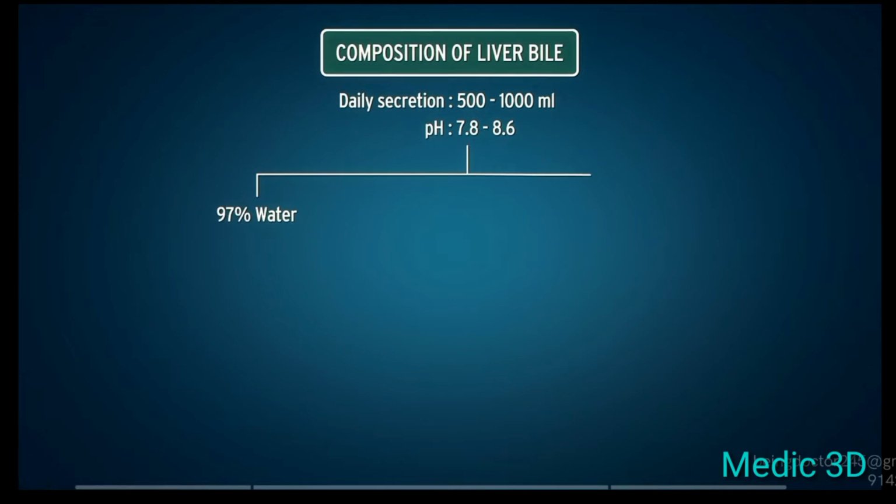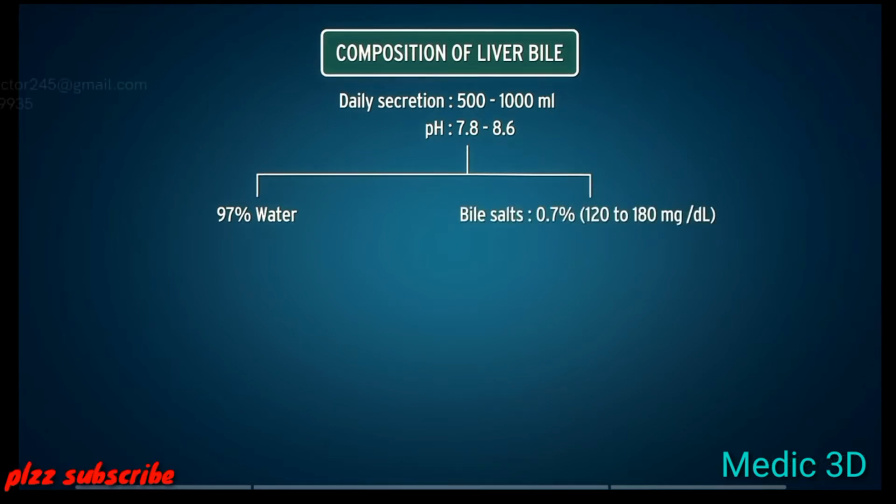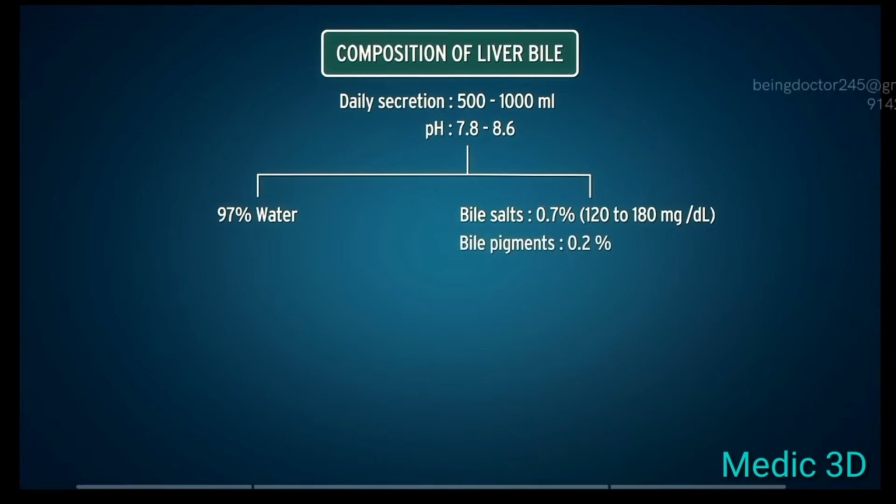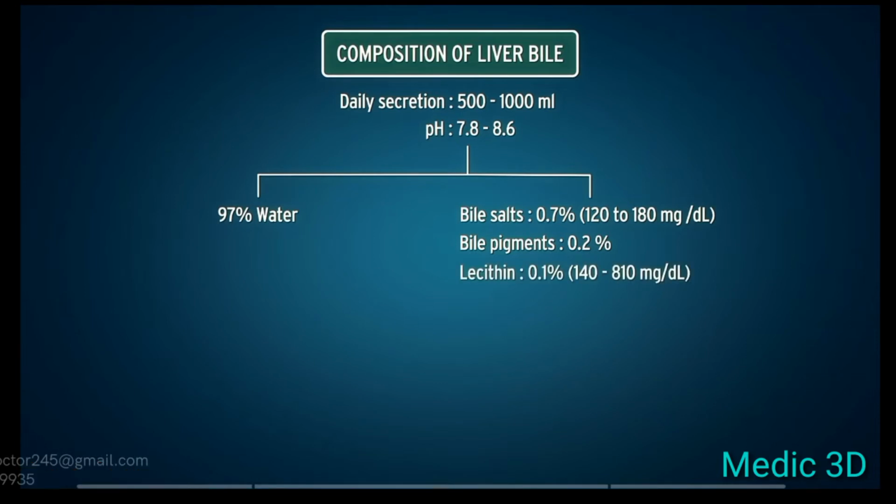Bile salts 0.7%, 120 to 180 milligram per deciliter. These are sodium and potassium salts of bile acids. Bile pigments 0.2%. These include biliverdin and bilirubin and its derivatives.